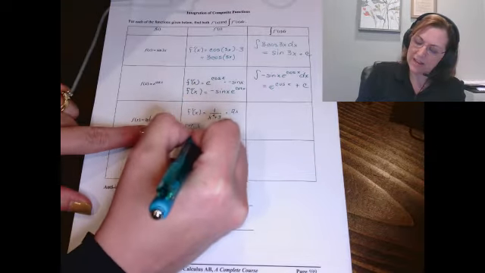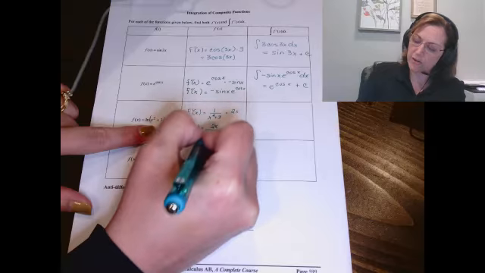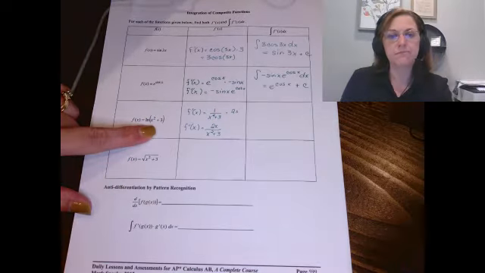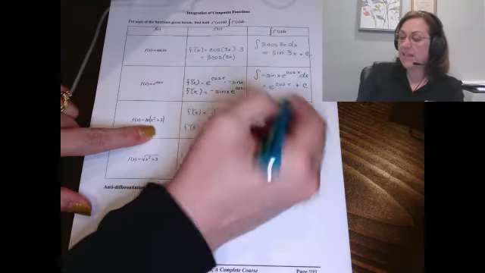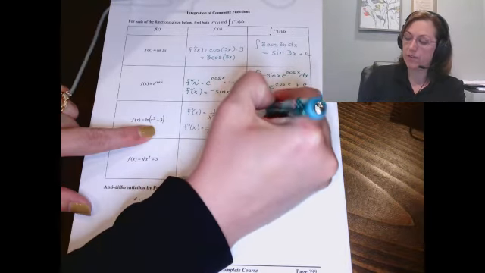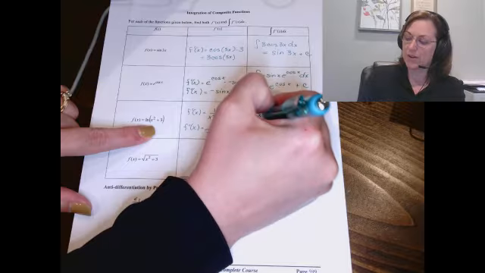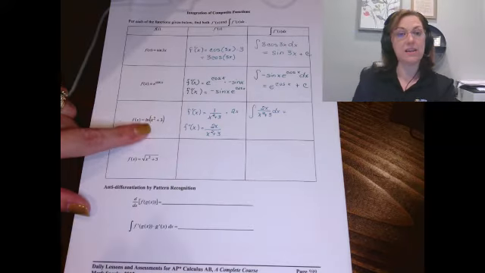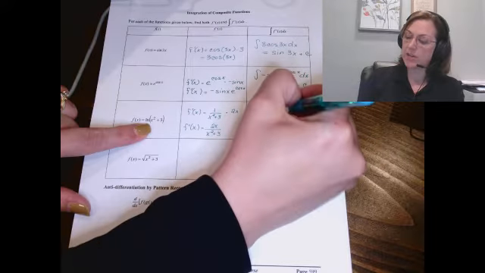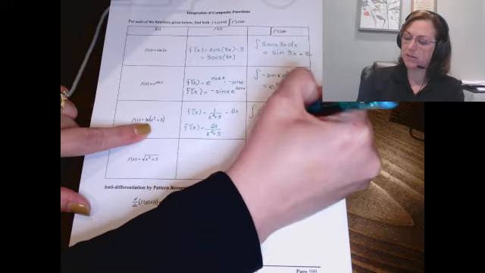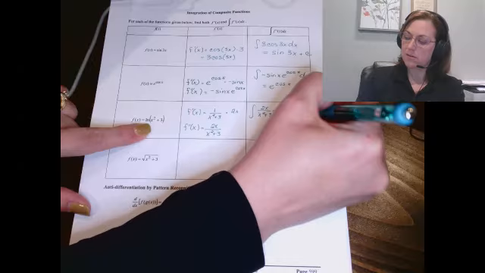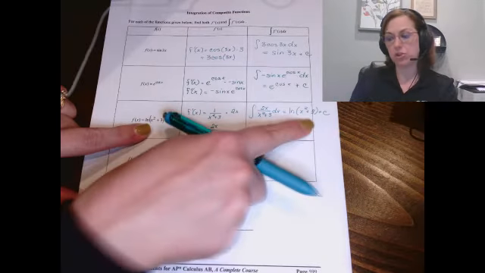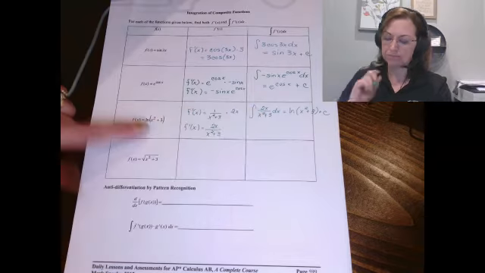So we get 2x over x squared plus 3. So if we take the integral of 2x over x squared plus 3 dx, we should get back the function. And again, notice that 2x in the numerator, that is the derivative of the inner function, it's sitting there on top.